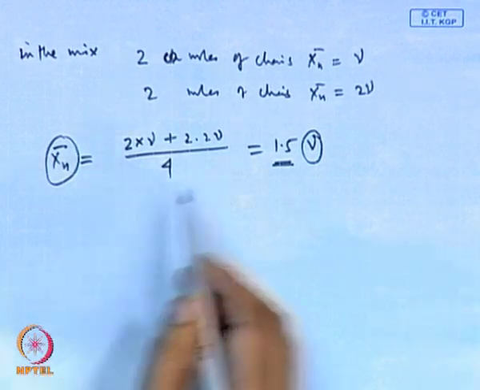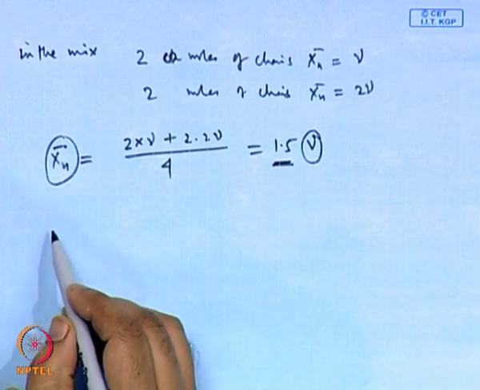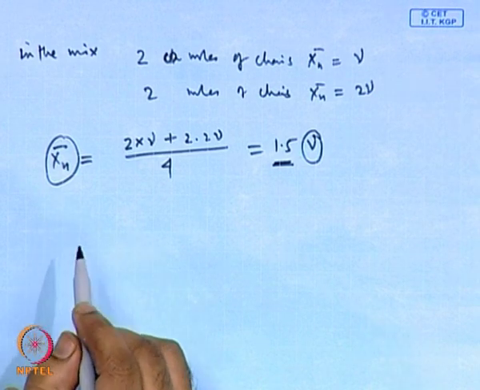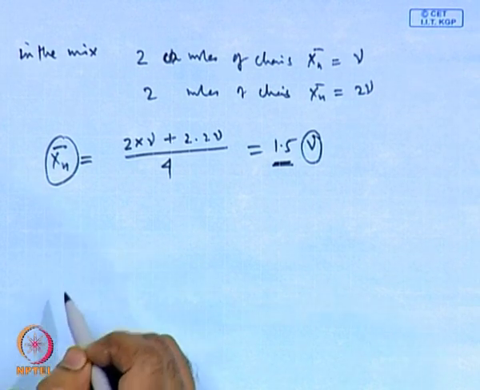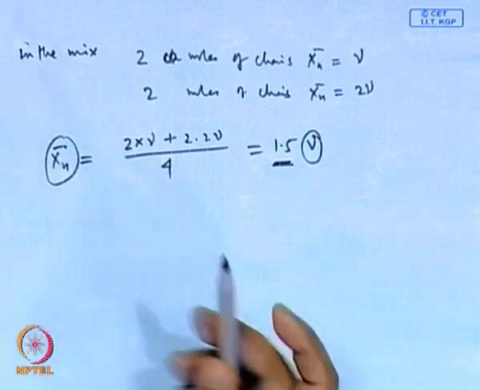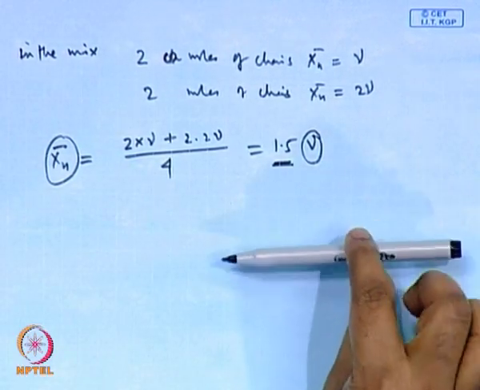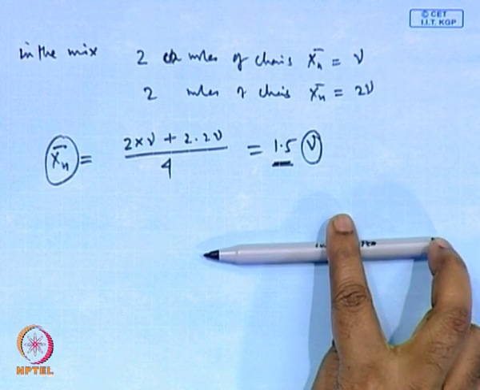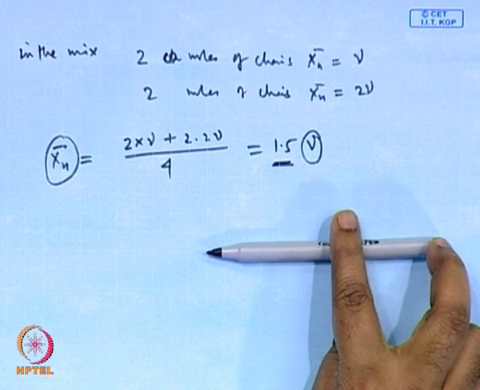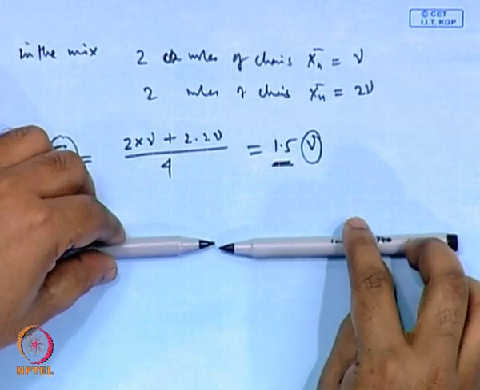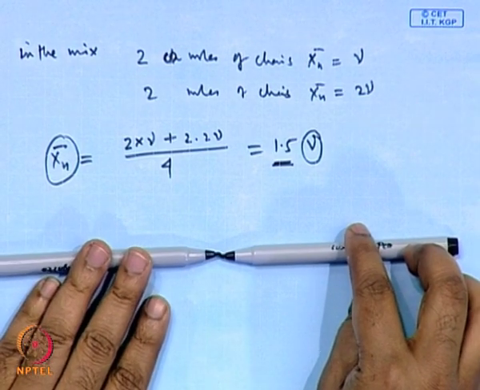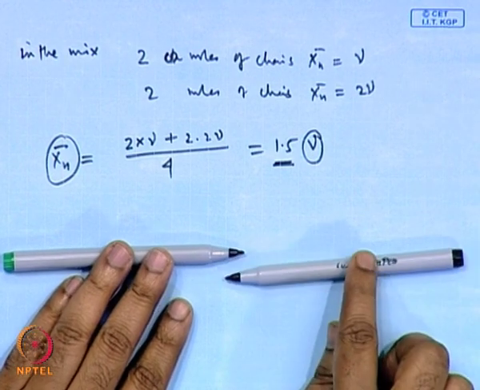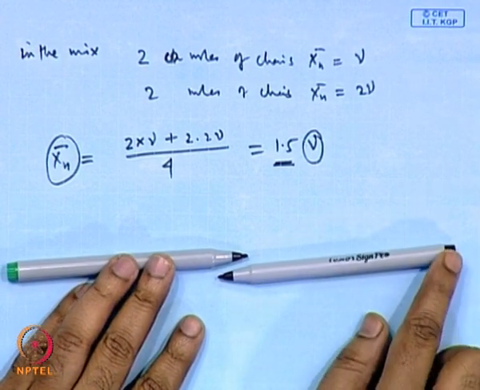Now, what is 1.5? You can get this number if you consider how many initiator residues are present per chain. If I have one kinetic chain, at one end you have one initiator residue which initiated the chain. If it reacts with another kinetic chain and forms a dead polymer by coupling, then you have a polymer chain which has 2 residues.